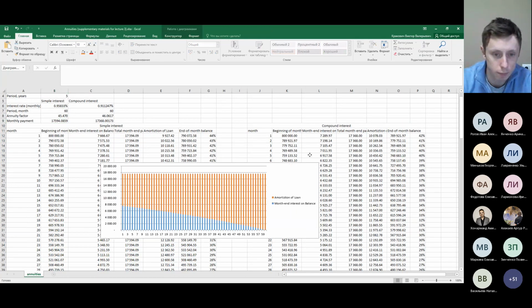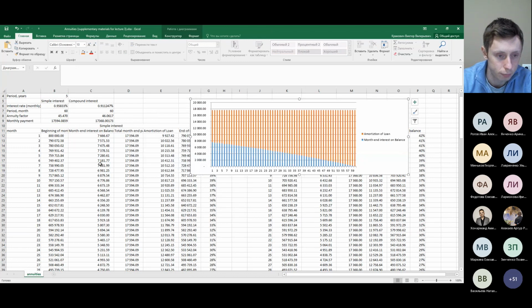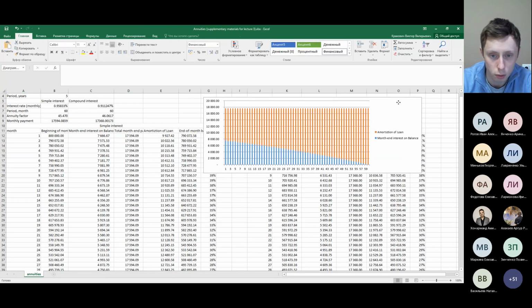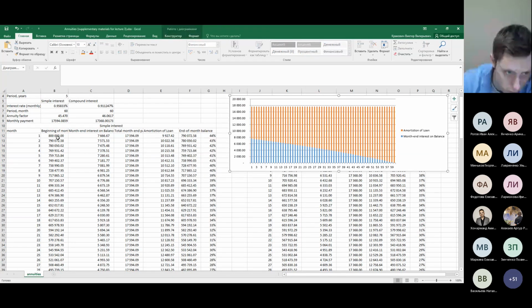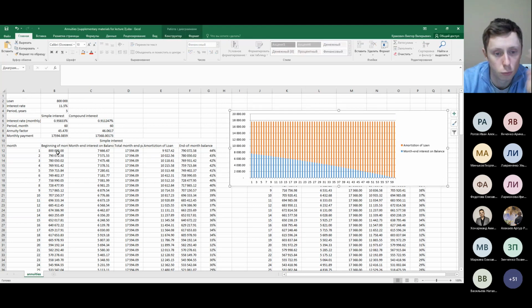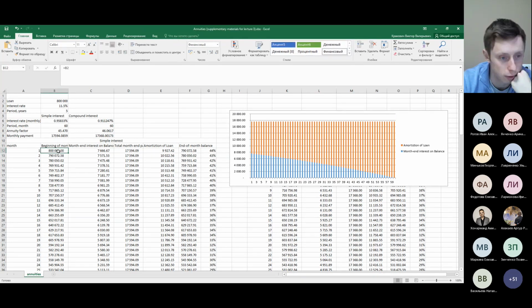And this is the table. Let's look at how we proceeded. We took the loan. We took 800,000 from the bank. This is the amount of money that we owe to the bank. We estimated that every month we would pay this amount, and you see that this amount is always equal.